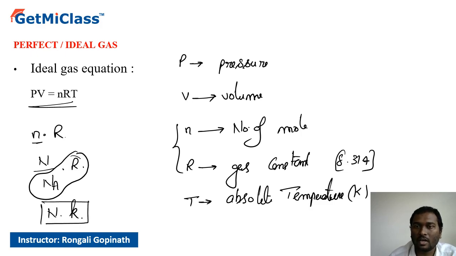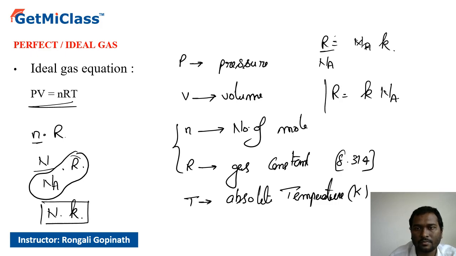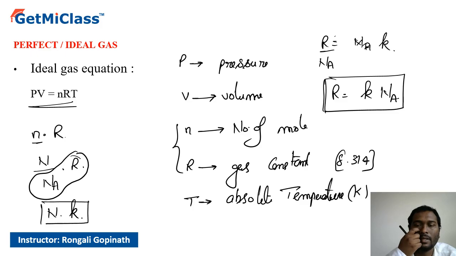So the relation between R and k is R by Na is equal to k, or R equals k times Na, right?